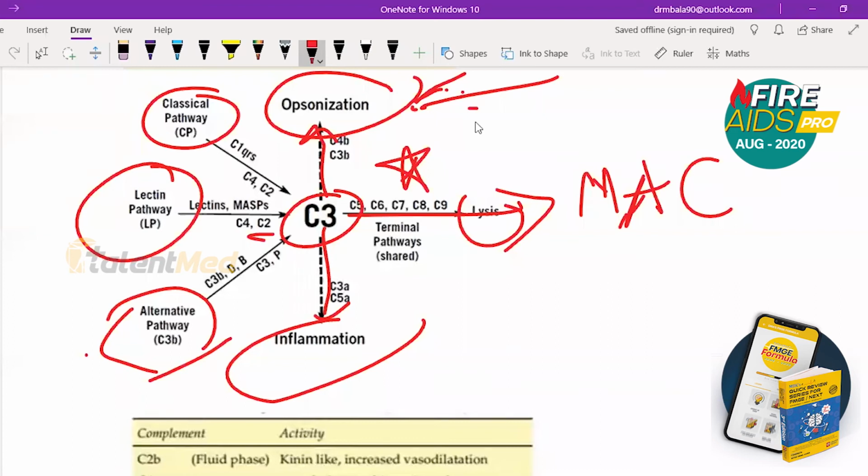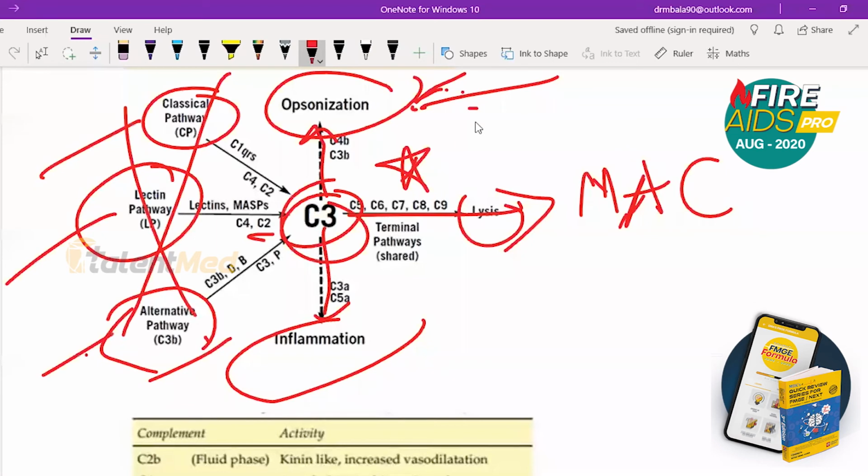You don't have to remember all these points; you have to remember C3 is the key feature here. In these three pathways, classical pathway means C4 and C2. Lectin pathway is again C4 and C2. So classical, lectin, no matter what, it is going to be C4 and C2.